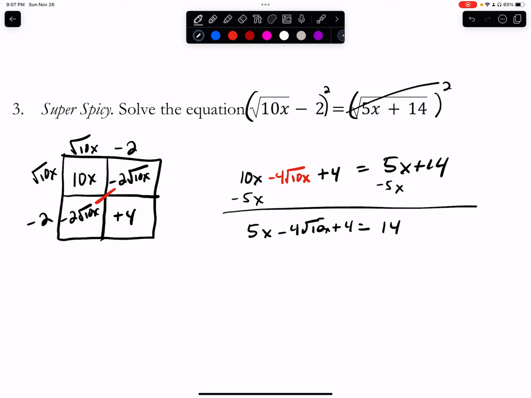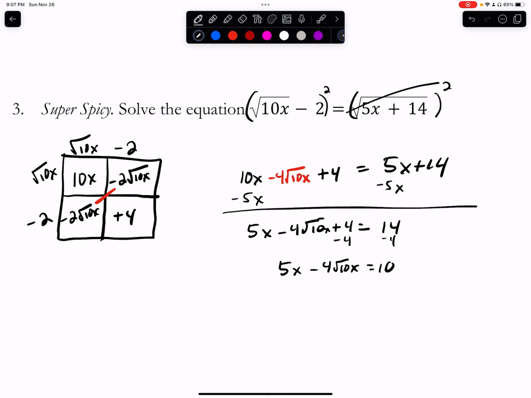Okay, what we can do here to make this a little bit easier. Okay, so what I'm going to do is move all the numbers to the left-hand side. So with a variable here, so I've got 5x minus 4 radical 10x is equal to, if I'm minus 4 from both sides, I've got 10, right?